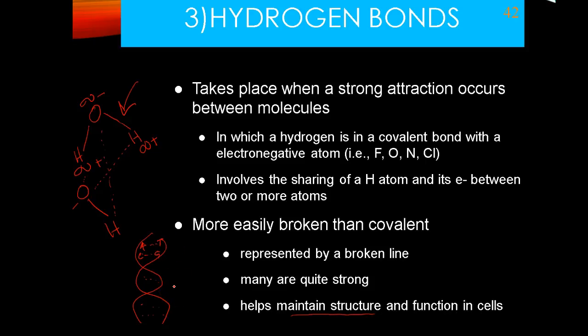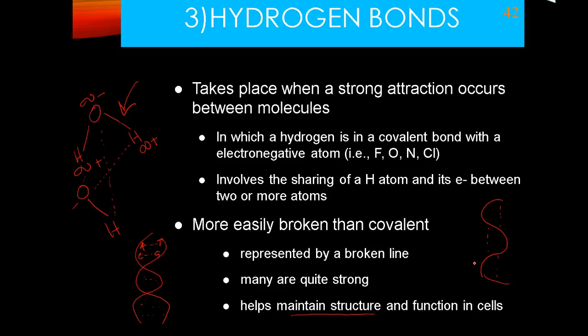Say we were also looking at a helix in protein structure. Here are the hydrogen bonds that hold that secondary structure in place, whether a helix or a beta sheet.